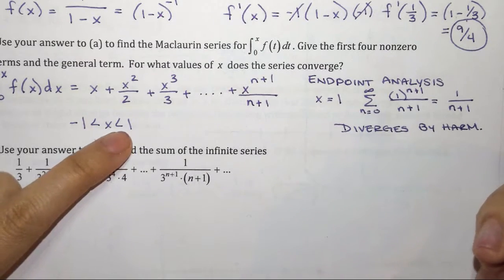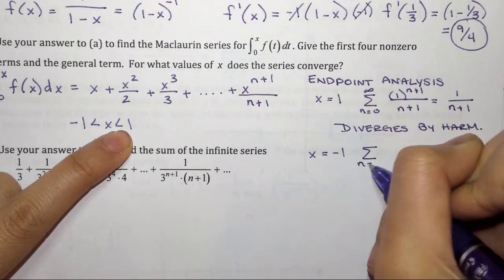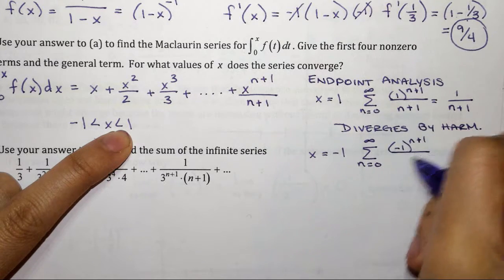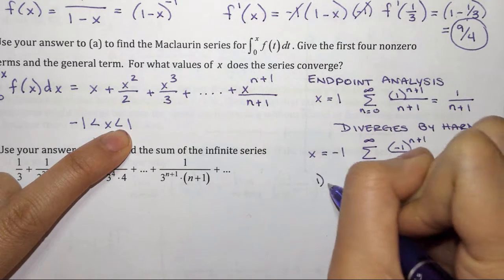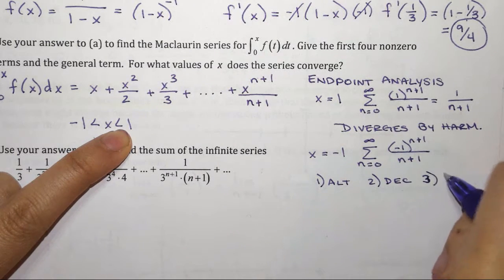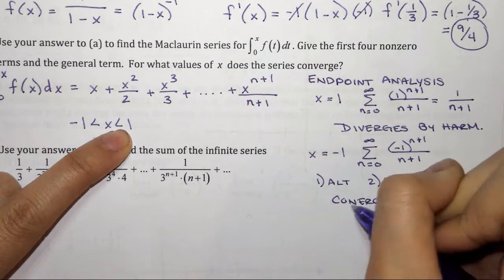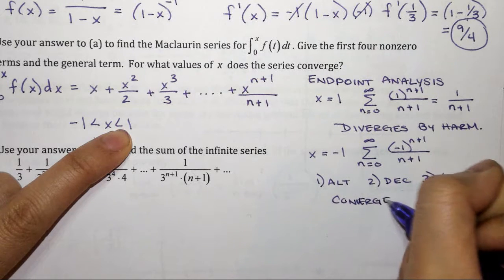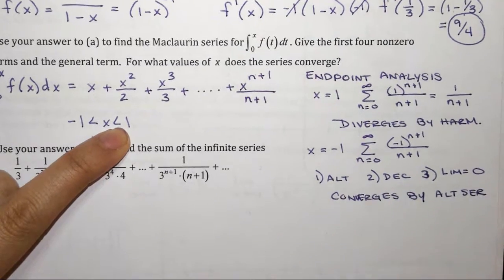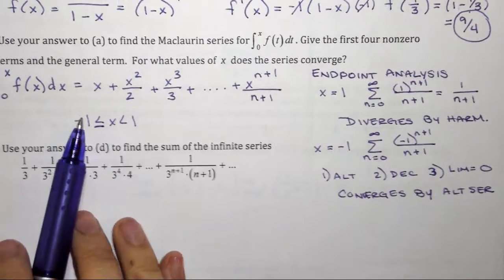So at 1, I don't write an equal sign. But this one is alternating. It's decreasing in magnitude, and the limit goes to 0. So this one is going to converge. Okay, so this one converges by alternating series, so I write an equal sign on this -1 right here.